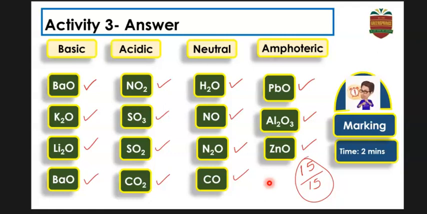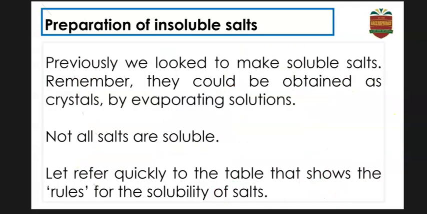Okay, so now we'll go straight to the preparation of insoluble salts. Previously, we looked at the preparation of soluble salts, and we said that soluble salts are basically formed when you react maybe a metal plus an acid, a metal plus a carbonate, a metal plus an alkali, or a metal plus a base.